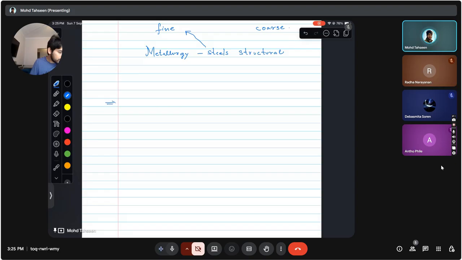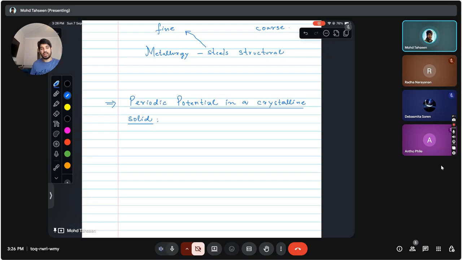Here we start a new heading, which I call the periodic potential in a crystalline solid. Okay.